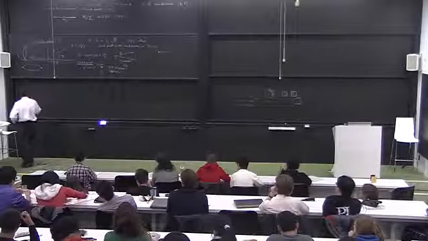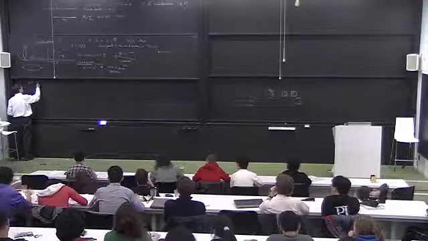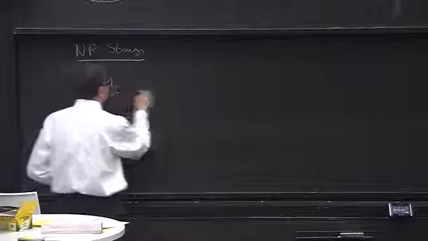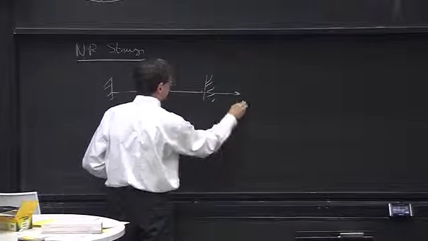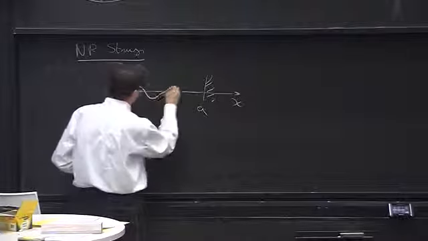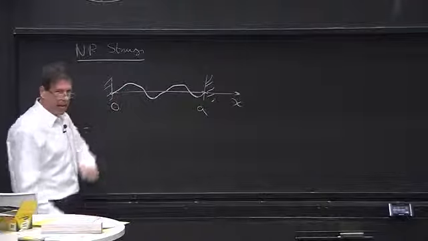So there is a non-relativistic string. The way we imagine it is, to simplify matters, an x-axis that goes from 0 to a, and here is the string doing something, and for the time being, I'll fix the ends.